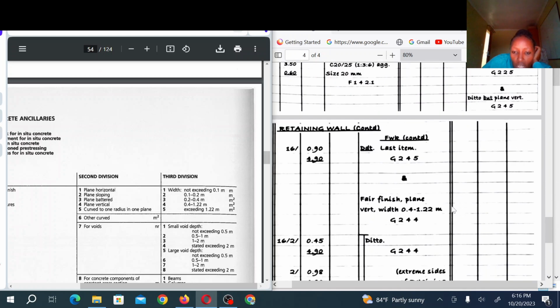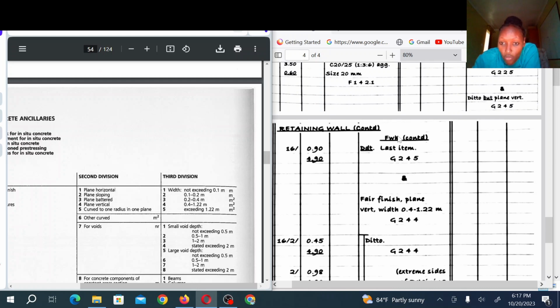We continue here. We shall deduct the formwork that will be covering the area we have covered for the plain vertical. We have included the piers, but the piers will have their own formwork. So we shall deduct the number of piers times the length of each pier times the width of each pier.